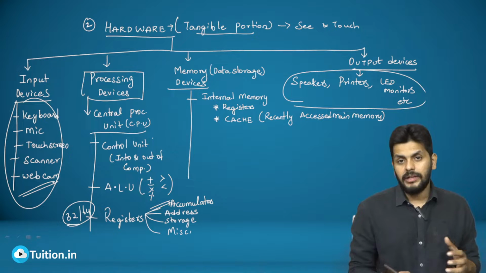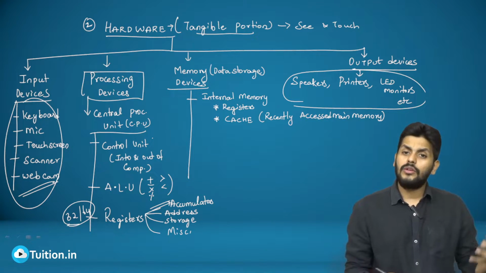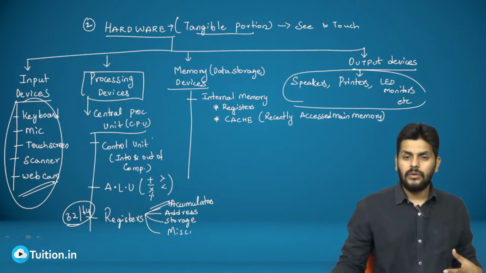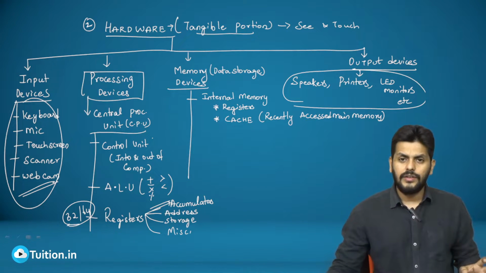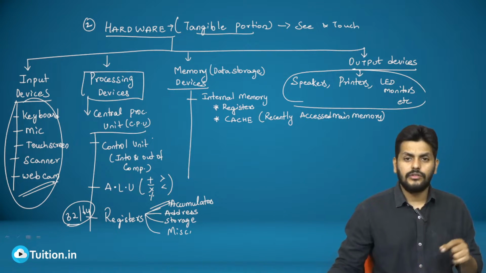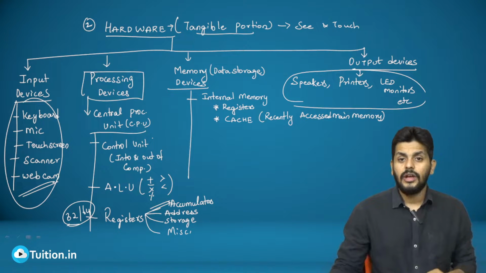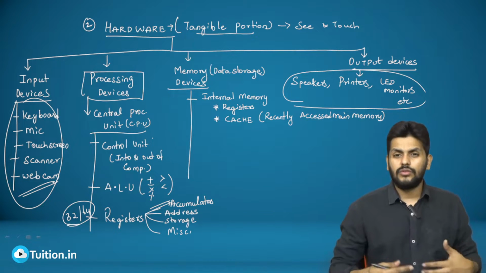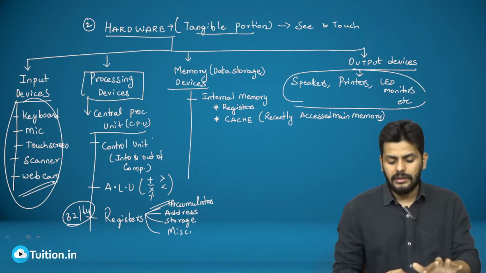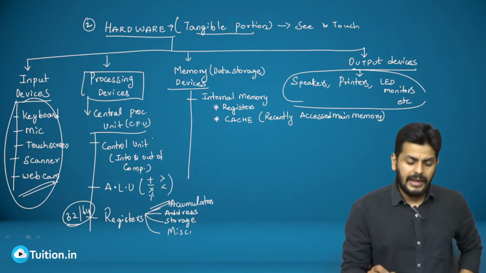So cache memory is a temporary memory, and that's when your system is slowing down. There must be a lot of cache that has been stored, keeping all the recently accessed memories. So whenever your device turns slow, the reason why you remove cache memory is also that, so that the device has enough space to do the work again. So internal memory: registers and cache.